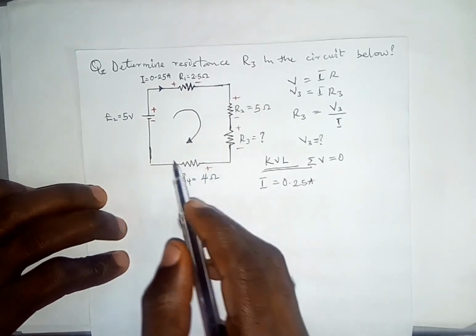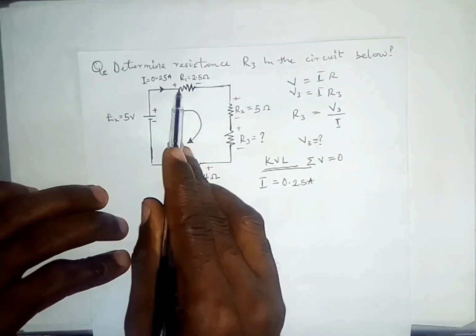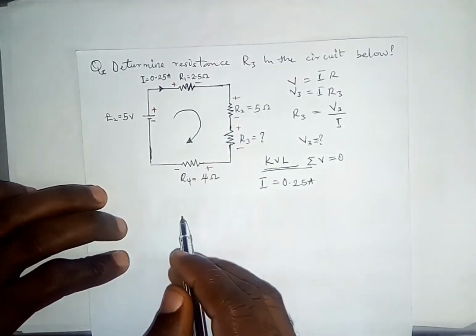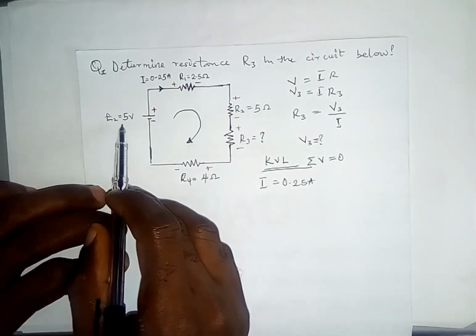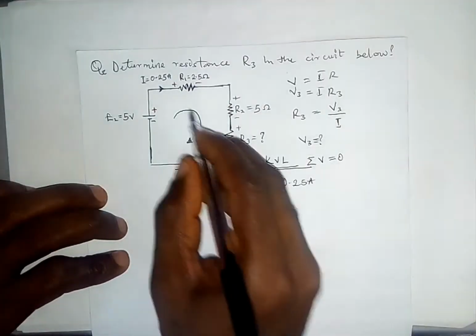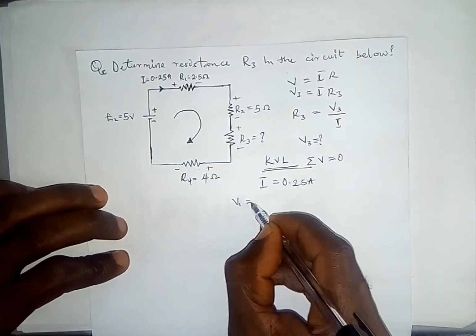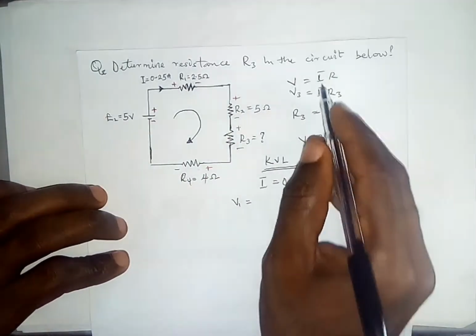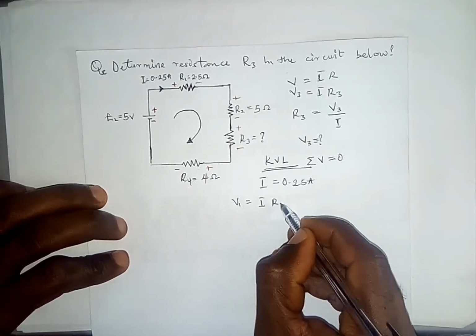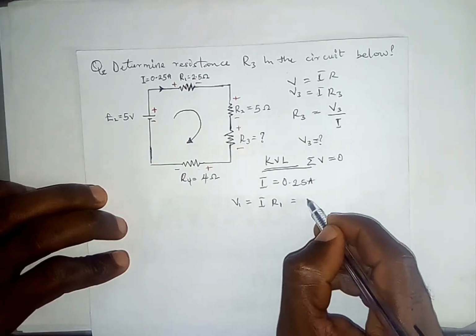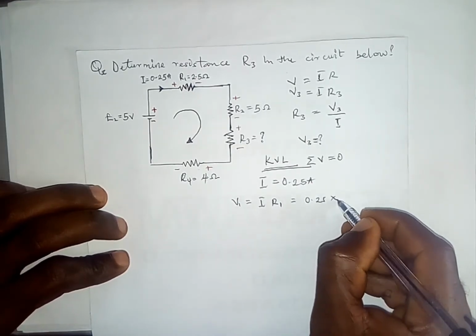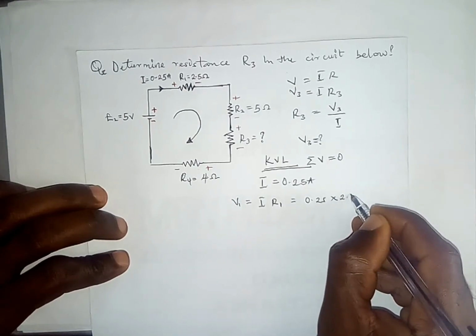So how do we do our KVL now? We are going to find the voltage across each of these components. We already know that of this one to be 5 volts. We don't know of this one. So V1 equals IR, which is I multiplied by R1, which is the same thing as 0.25 times 2.5.